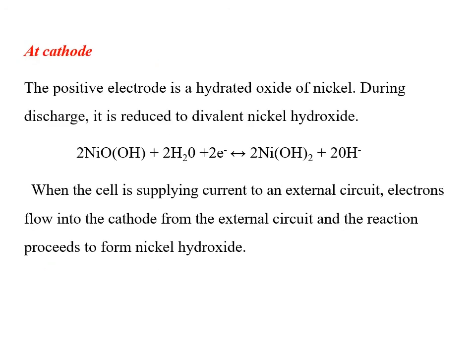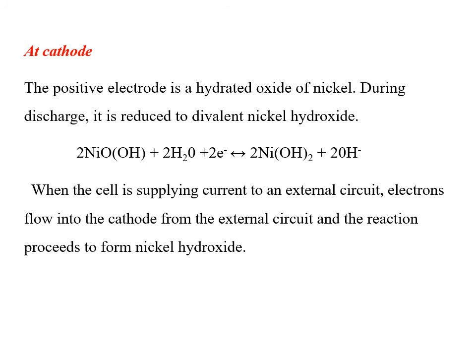Reaction at cathode. The positive electrode is a hydrated oxide of nickel. During discharge, it is reduced to divalent nickel hydroxide. The reaction is 2NiOOH plus 2H2O plus 2 electrons gives 2NiOH twice plus 2OH minus.